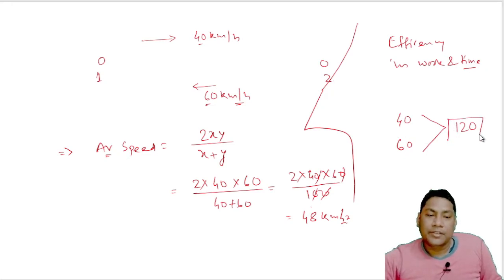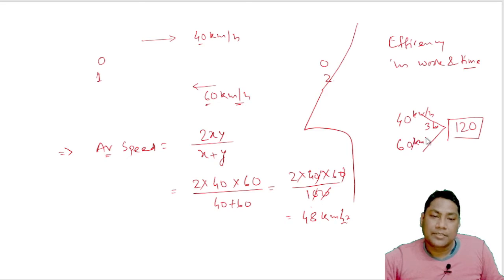So friend, for traveling 120 km at the speed of 40 km per hour, it will take 3 hours, and at the speed of 60 km per hour, the time taken will be 2 hours.